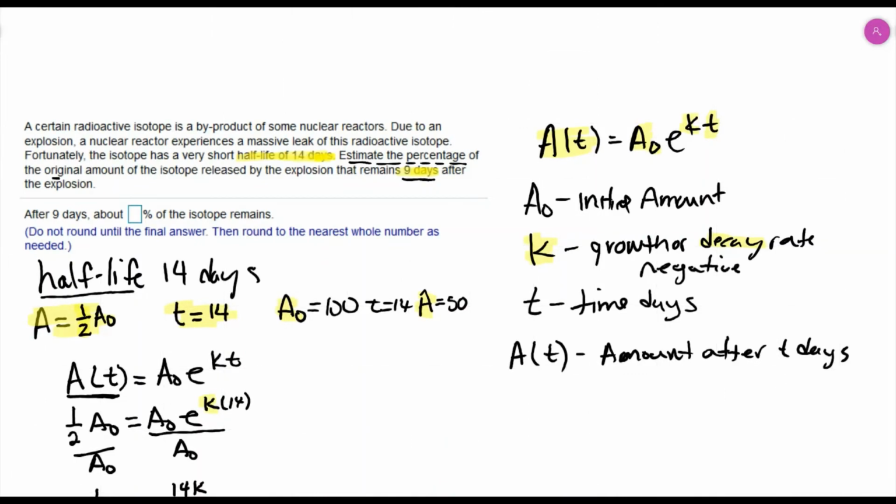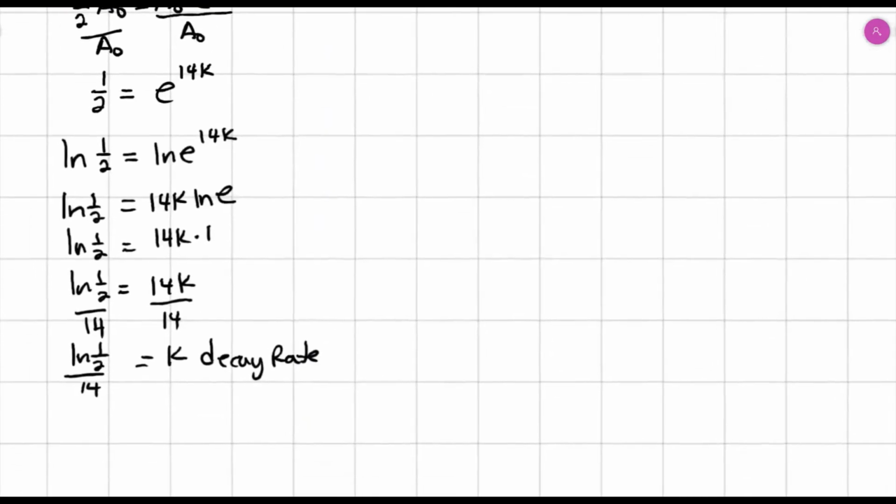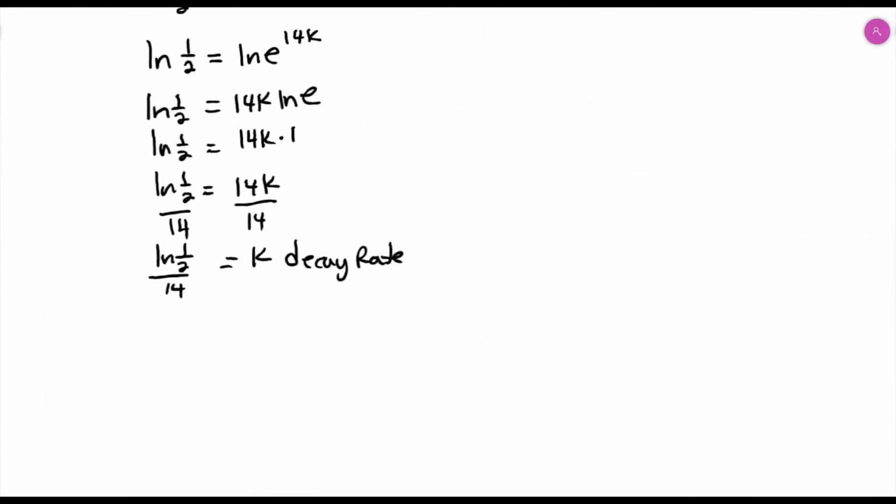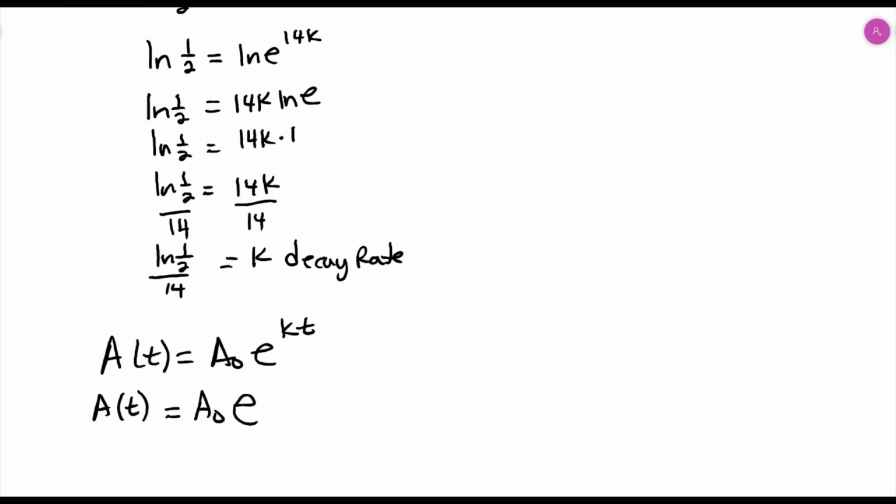Estimate the percentage of the original amount released that remains 9 days after the explosion. So my model started off being A of t equals A naught e to the kt. And now that I've figured out the decay rate, I can substitute that in. I could put that in my calculator right now, but I don't want to round too soon.